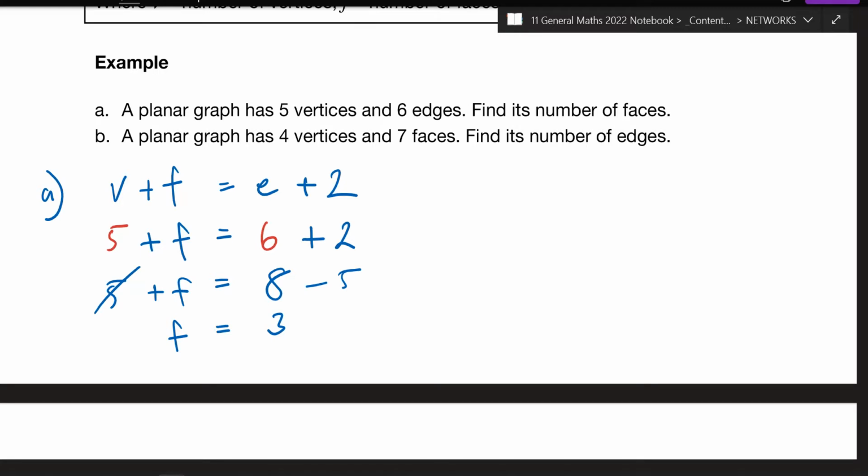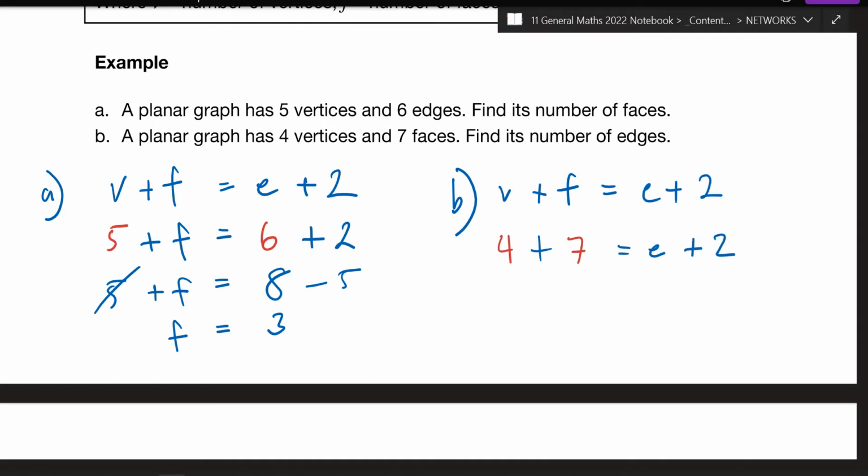B, pretty straightforward, same deal. A planar graph has 4 vertices and 7 faces. So in this case, 4 vertices plus 7 faces equals, we don't know the edges, so we're trying to find E, plus 2.